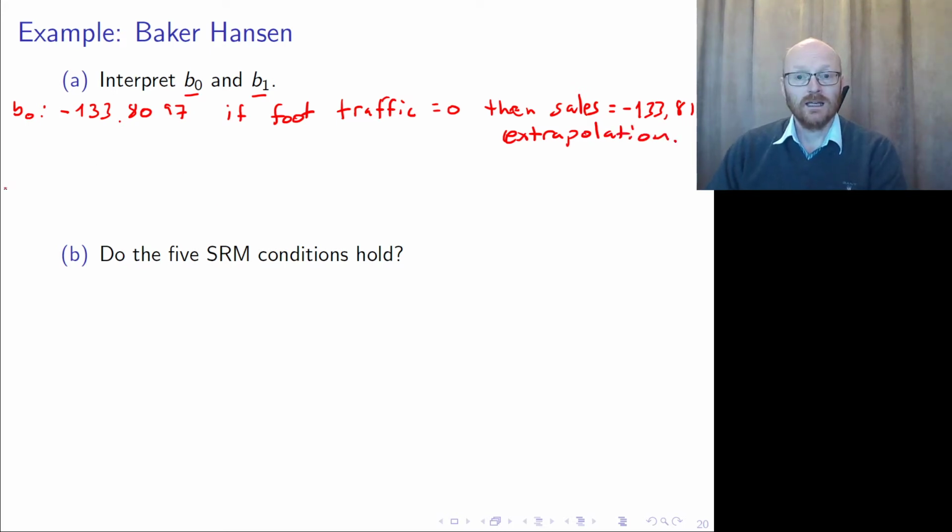Okay, and we have to look at the slope B1, and that would be plus, because it's upward sloping, more foot traffic implies more sales.